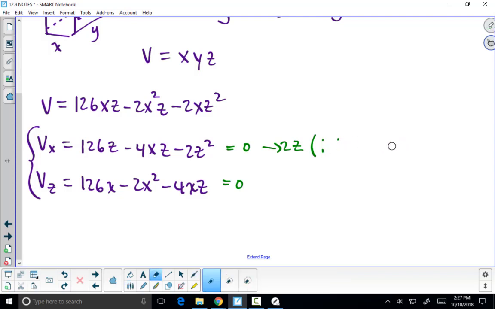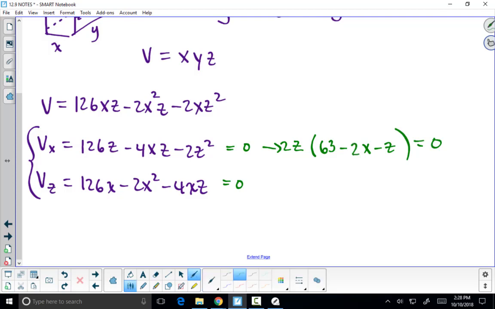Let's cancel out a 2 because we can. What's 126 divided by 2? 63. Minus, what's 4x divided by 2? 2x, so that should be a 2 there.